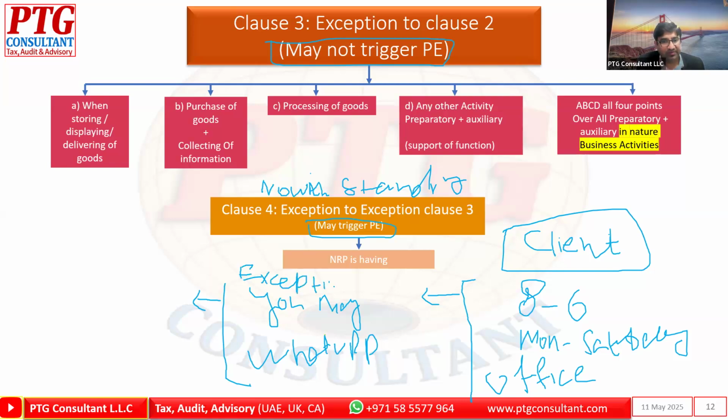But practically what's happening? This is the office time, 8 to 6. We said, okay, in case of emergency, you may call outside the working hours, meaning you may call from 7 p.m. to 10 p.m., let's say, if it's a very good, long-existing client.